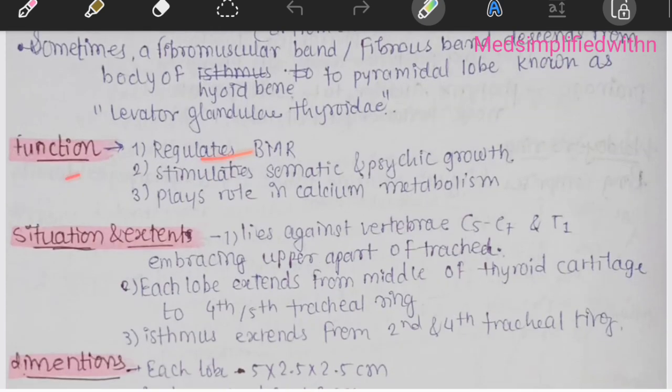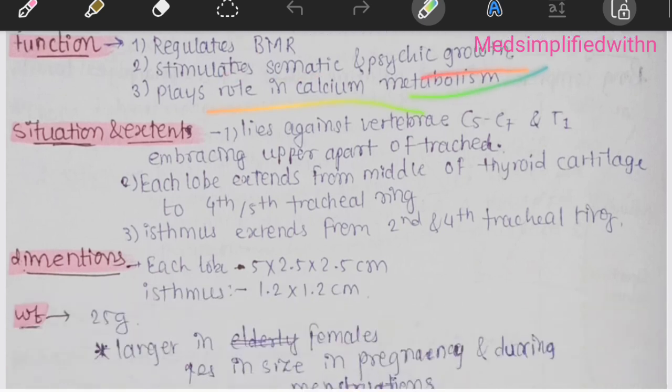Functions: it regulates basal metabolic rate, stimulates somatic and psychic growth, and plays a role in calcium metabolism. Then the situation and extent of the gland: it lies against vertebrae C5 to C7 and T1, embracing the upper part of the trachea. Each lobe extends from the middle of the thyroid cartilage to the fourth or fifth tracheal ring.